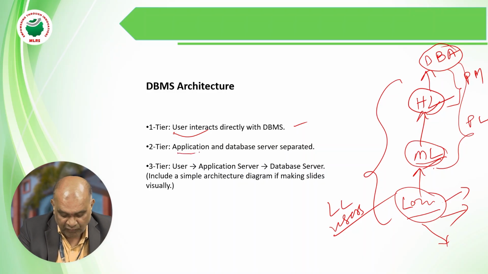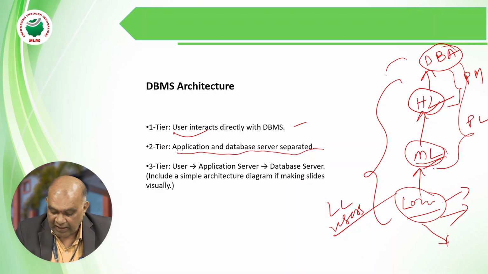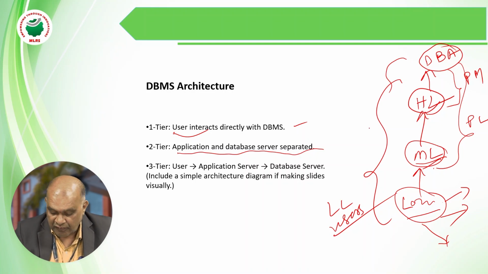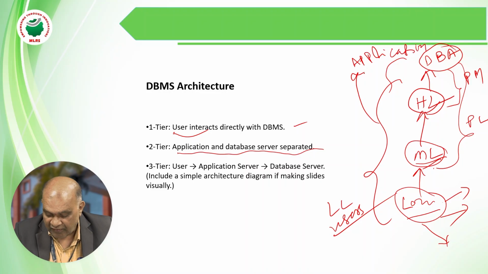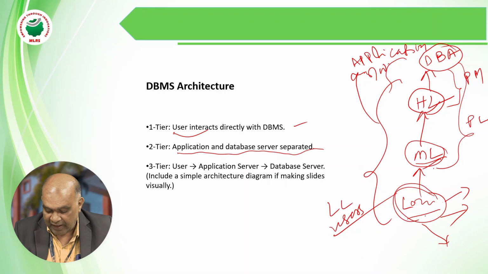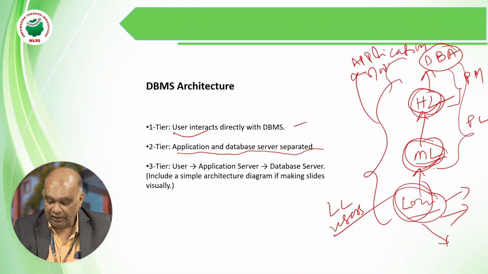Second one is two-tier architecture. We are having the application and database server. So all these operations which are done by the different users in a particular organization, these users are directly having the application software. Application software is provided, and this application software is accessed by all the low level people, middle level manager, higher level manager, and the permissions.